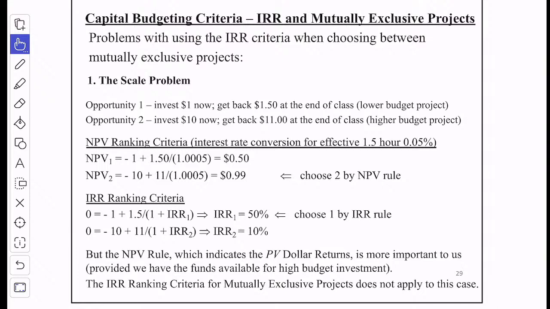Be careful when you're choosing between two opportunities that have different relative investment in terms of magnitude.